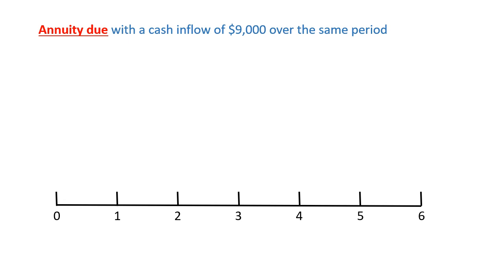Annuity due with a cash inflow of 9,000 over the same period, which is 6 years. PMT is 9K. Take note, for this annuity due, the inflow occurs at the beginning of each period.